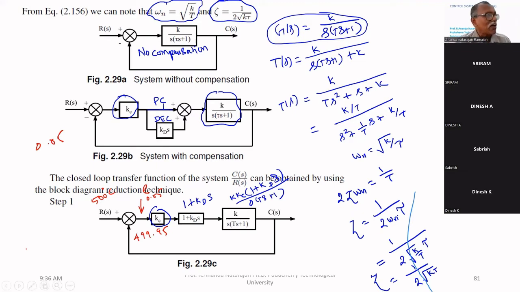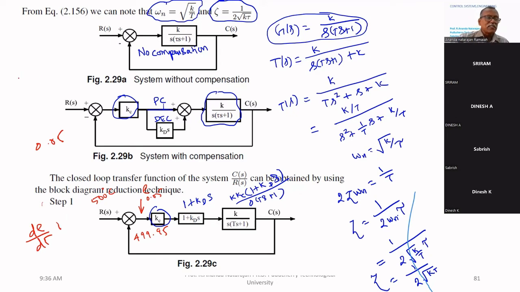How to distinguish between noise and error? It is not possible. That's why this d by dt, what is the meaning of d by dt? Rate of change of error. In other words, d by dt is slope of error signal.